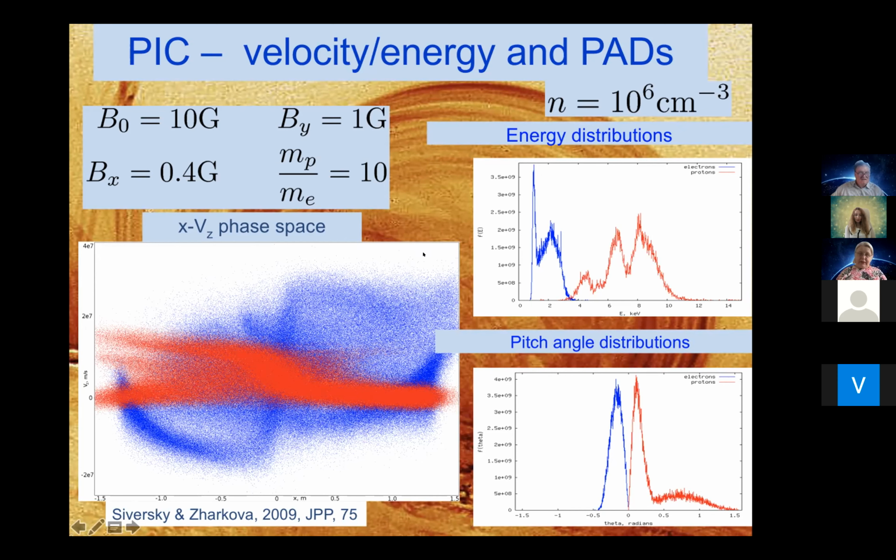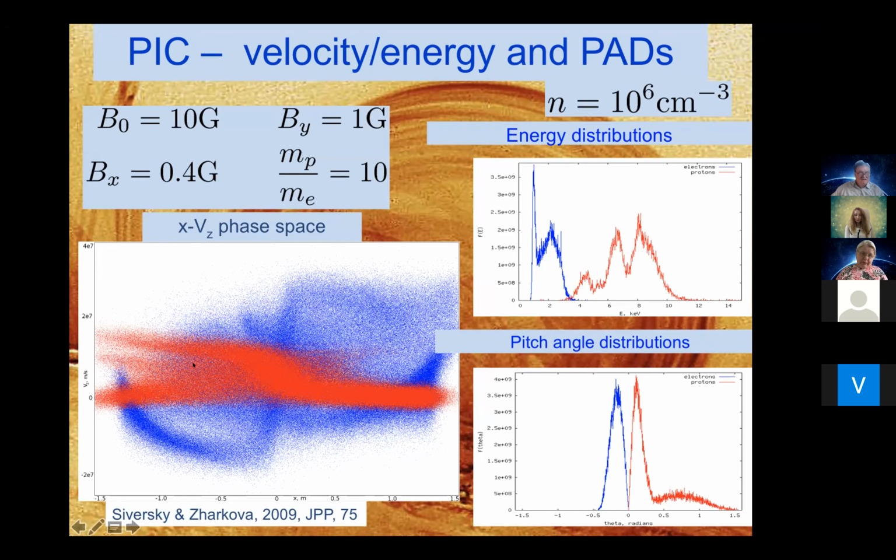In the previous simulations, we used about 10 million particles, but here we used a much larger number of particles, about 10^10. So you can always have energy distributions for protons and for electrons, where the distribution has 2 maxima for each kind of particle.